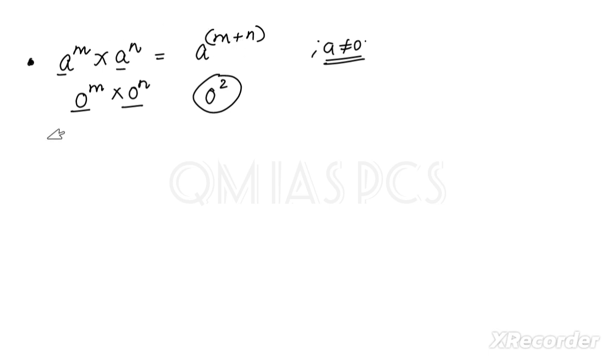Similarly, if we say a to the power m divided by a to the power n, that will be a to the power m minus n. In case of multiplication we add the powers, in case of division we subtract them, just the reverse, addition to subtraction.